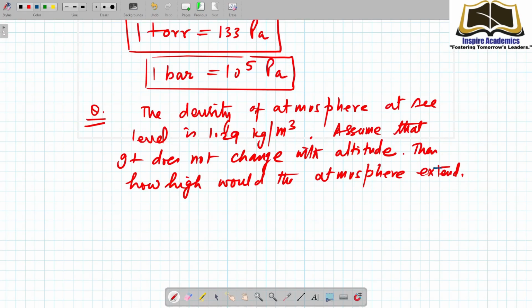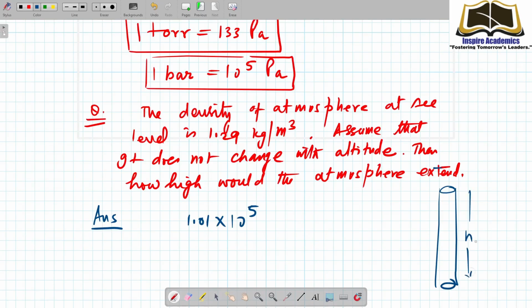Already you know what is atmospheric pressure. What is that? 1.01 into 10 to the power 5, and let the column of atmosphere be of height h. Yes or no? Okay.